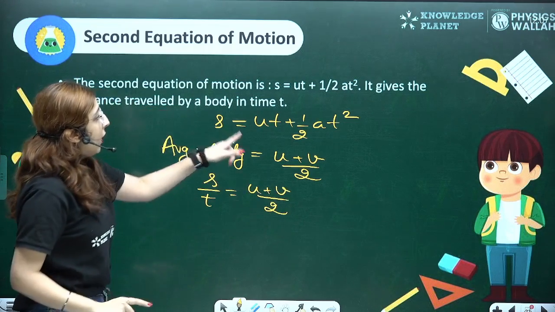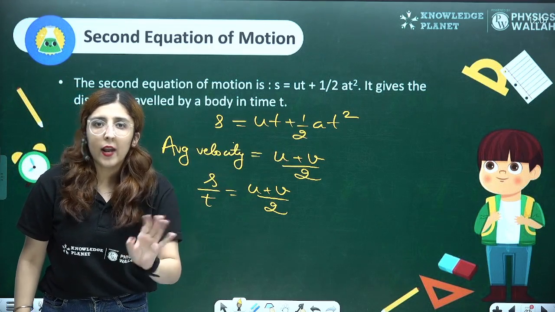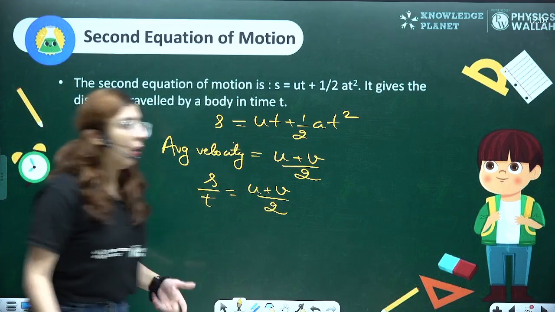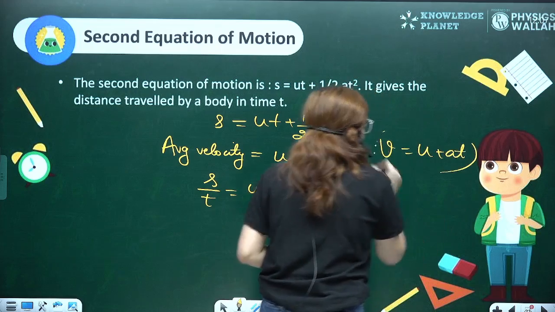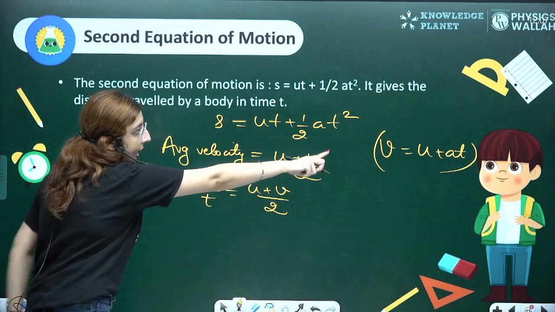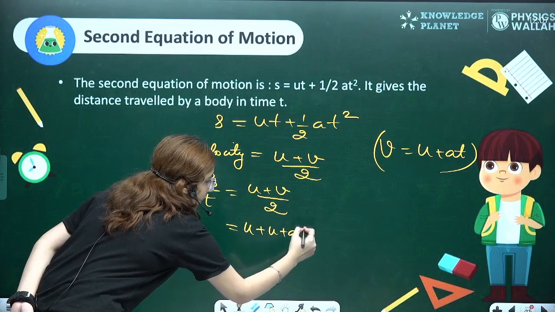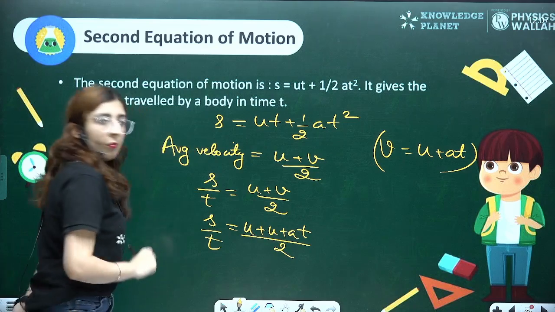In your second equation of motion, you do not have v, right? Final velocity is not there. So I need to change this v. How? v is equal to u plus at. So in the place of v, can I use u plus at? So s by t is equal to u plus u plus at by 2.